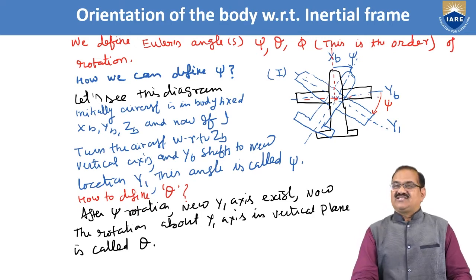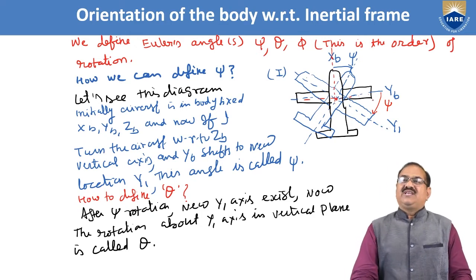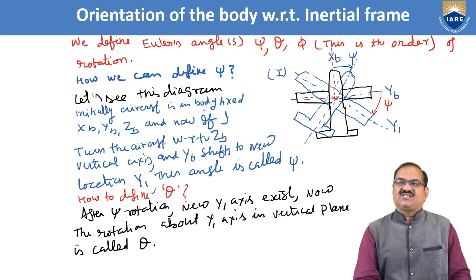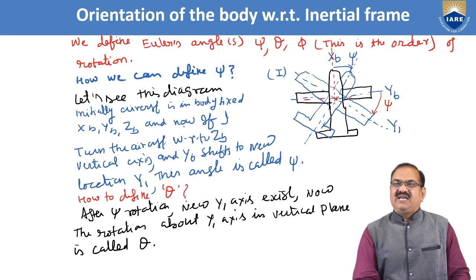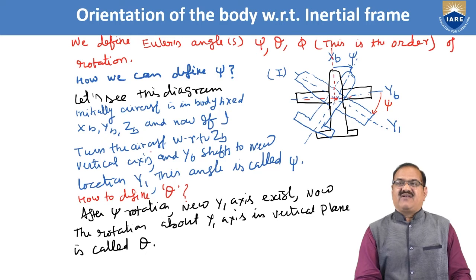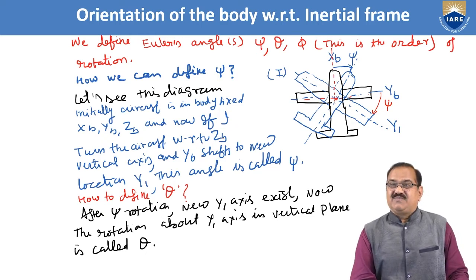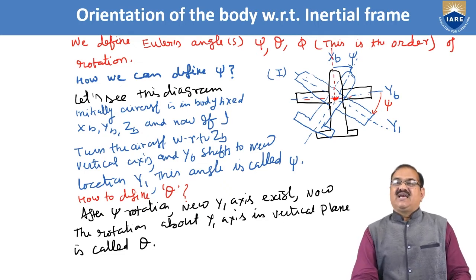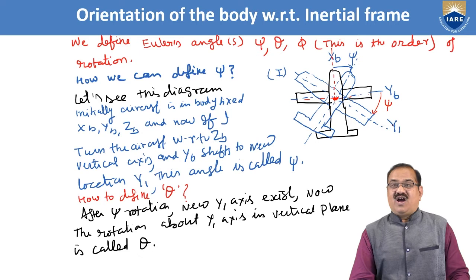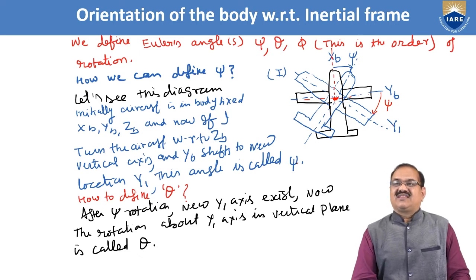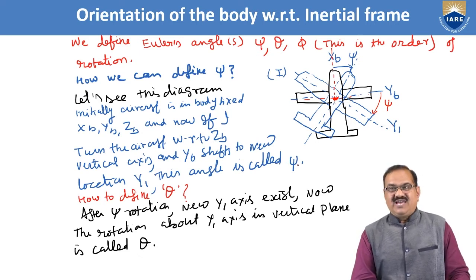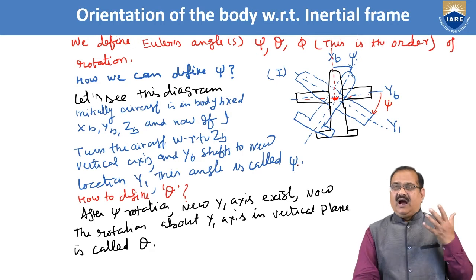This angle is called the azimuth angle. Initially the aircraft is at body fixed XB, YB, ZB, and now if I turn the aircraft with respect to ZB, the vertical axis, and YB shifts to the new position Y1, this angle is called psi. Okay, so it is understood.